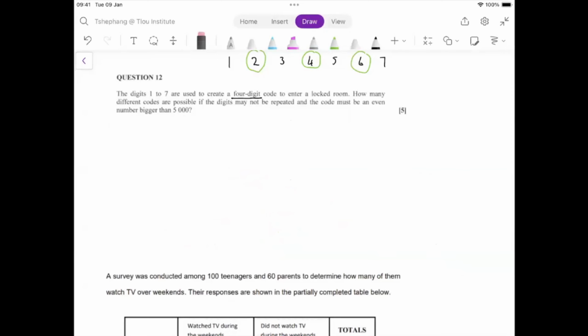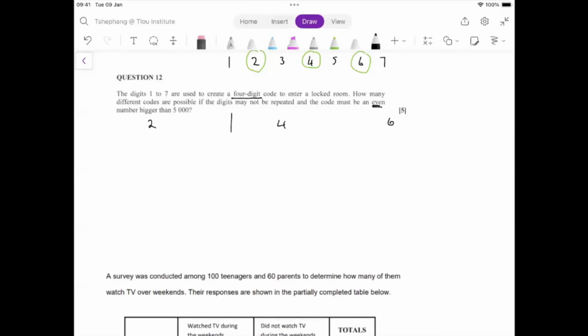Okay, so I want to start here. They said the code must be even, and we've identified the even numbers. Now, it's either we end with a 2, or a 4, or a 6 for us to have even. Are we clear? That's the first thing that we're agreeing on.